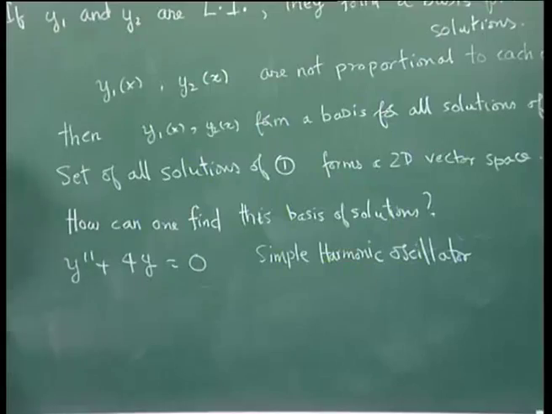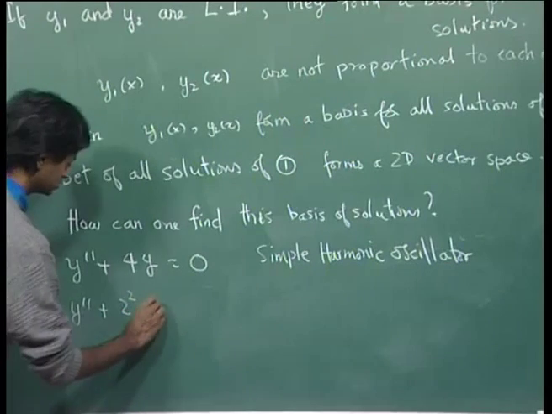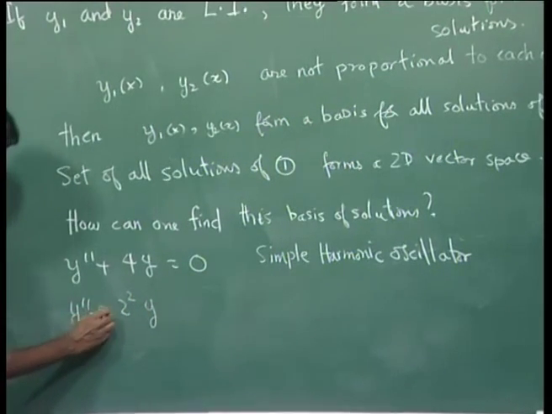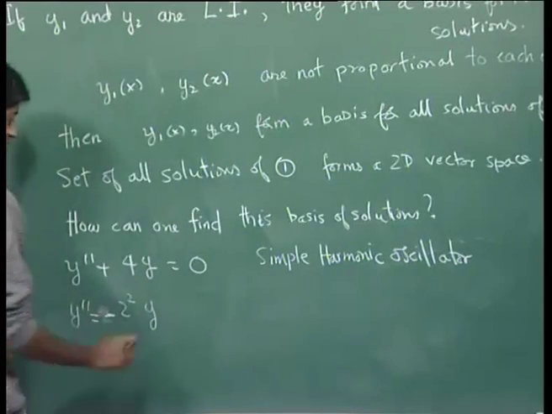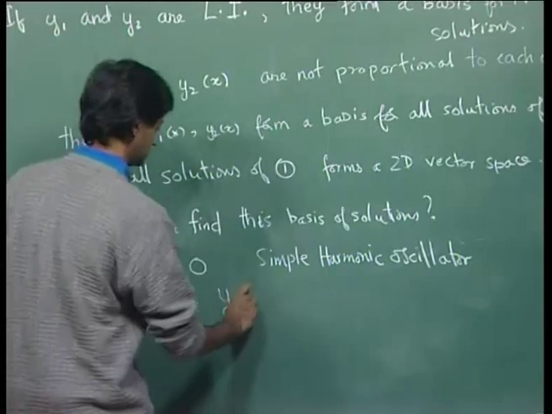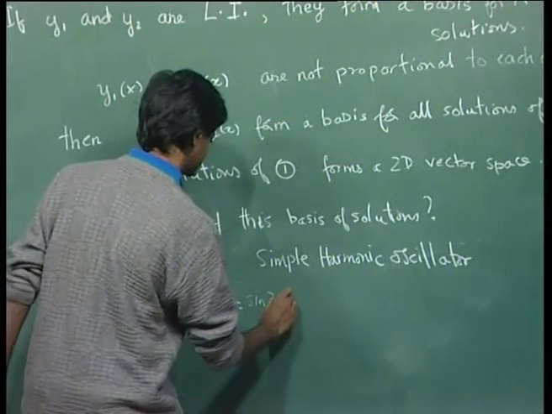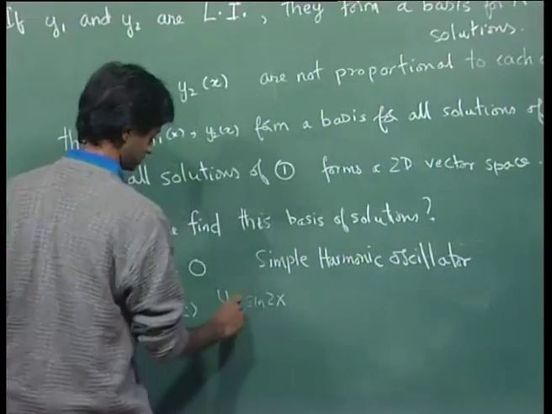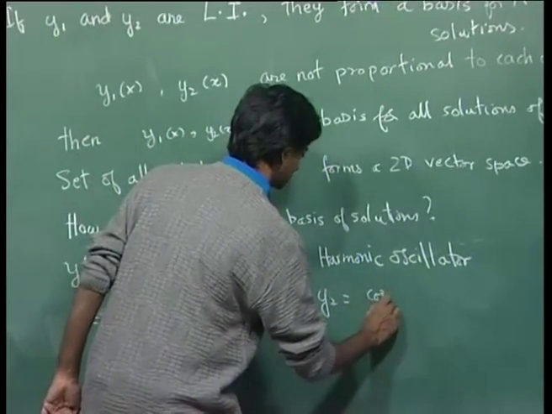And the solution is of the form: y double prime plus 2 squared y, or y double prime equal to minus 2 squared y, implies y1 equal to sin 2x, y2 equal to cos 2x.